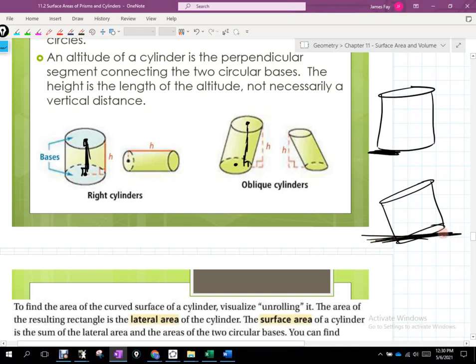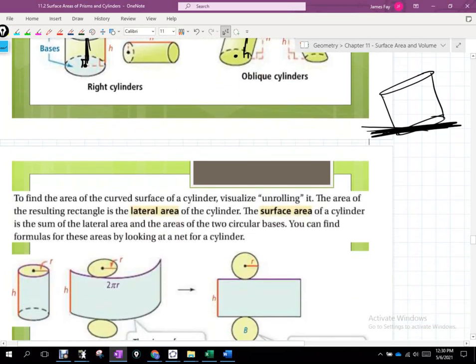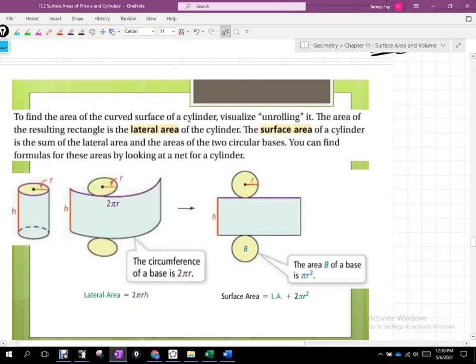Does that make sense? So is it really an oblique cylinder, or is it still a right cylinder with half of it buried in the ground? You see questions like that every once in a while talking about the Leaning Tower of Pisa in a story problem. It's really not an oblique cylinder, because you can still connect that center with that center.